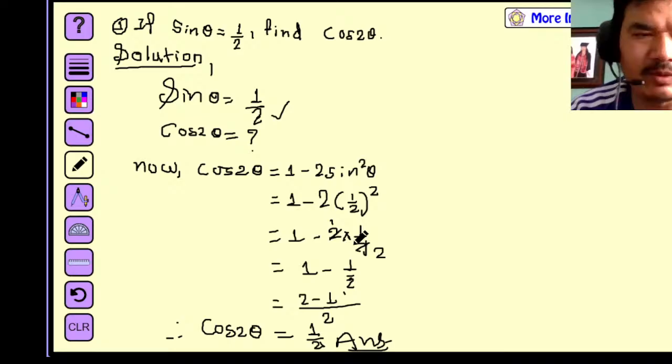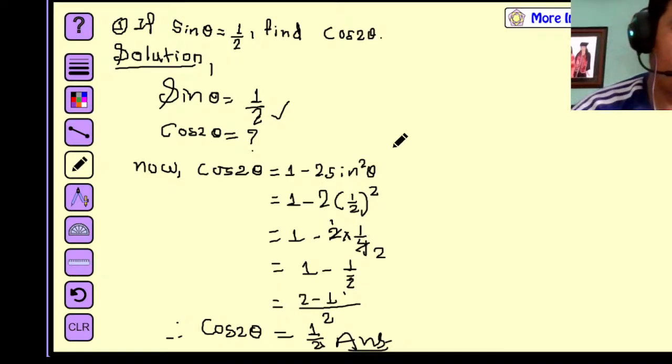Similarly, look, students, I want to solve another question of this submultiple angles. See here what I am going to give you.